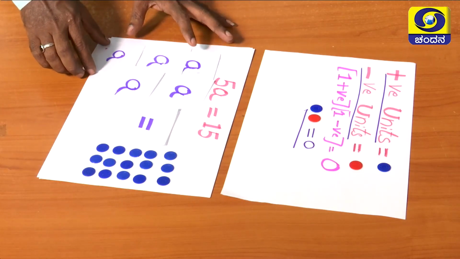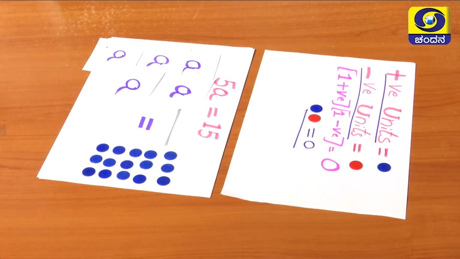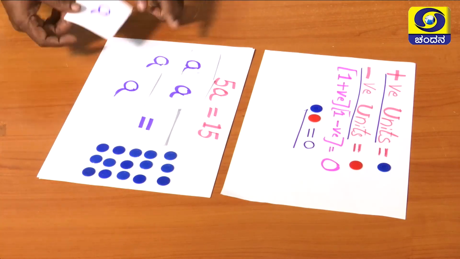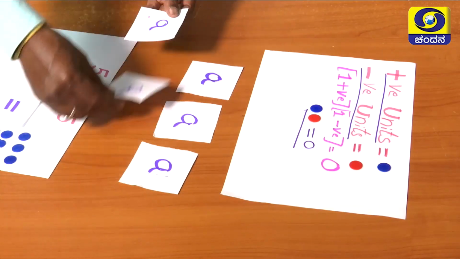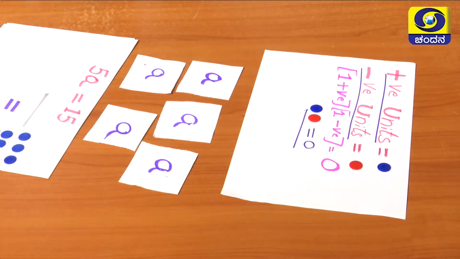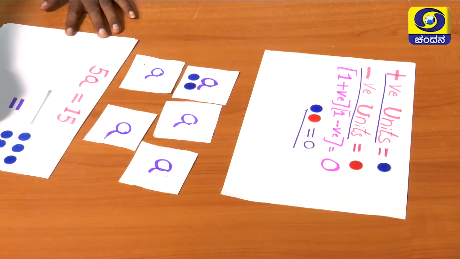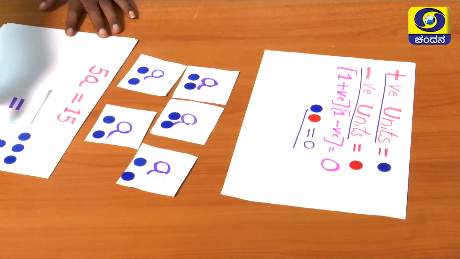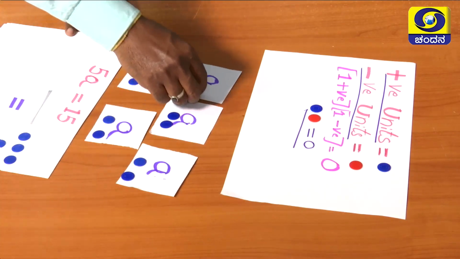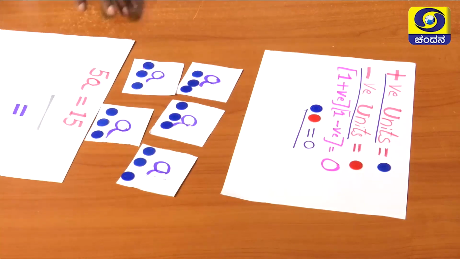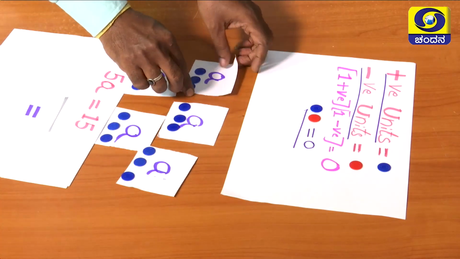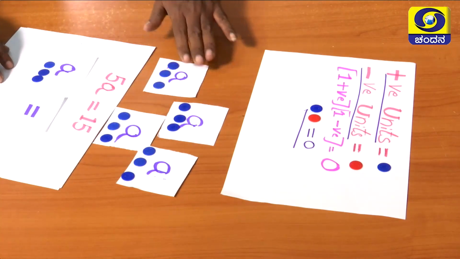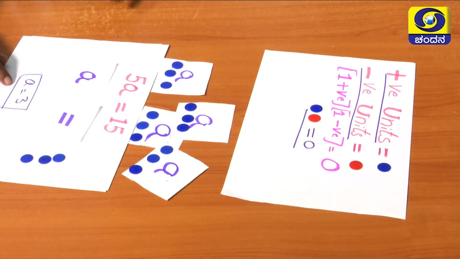Therefore, in 5a, when multiplication is done, we divide the given into 5 parts. 1, 2, 3, 4, 5. Divide into 5. Put 1, 1. In every a, how many tokens are there? 3. Therefore, when we divide by 5, a is equal to 3.